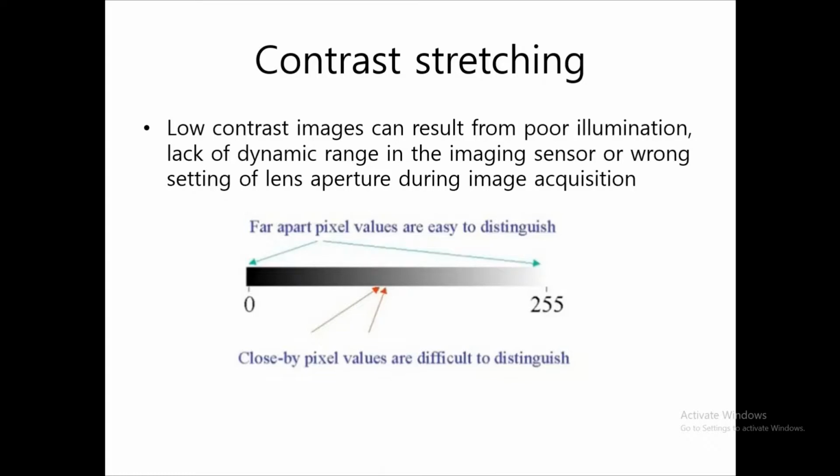In such cases, contrast stretching expands the range of intensity levels in the image so that it spans the ideal range of intensity levels. We can see here that the pixel intensity will range within the values of 0 and 255.